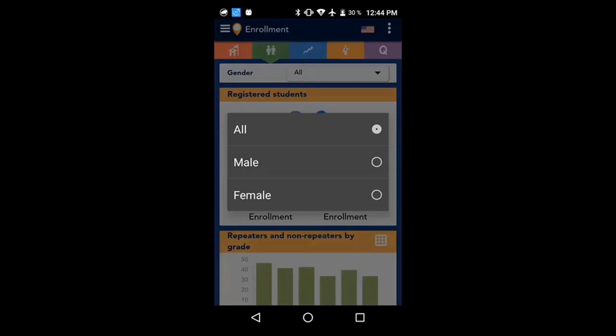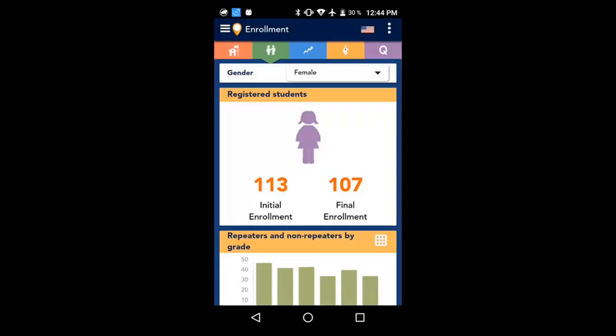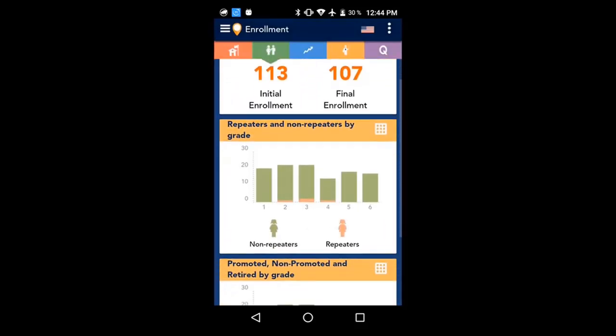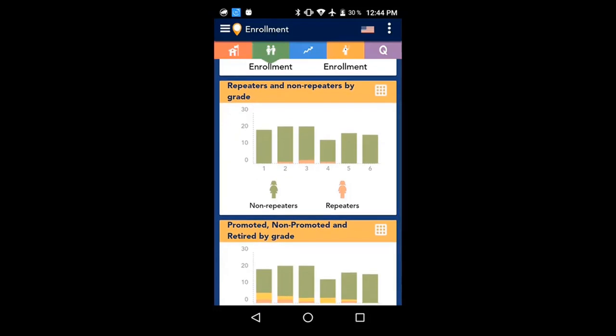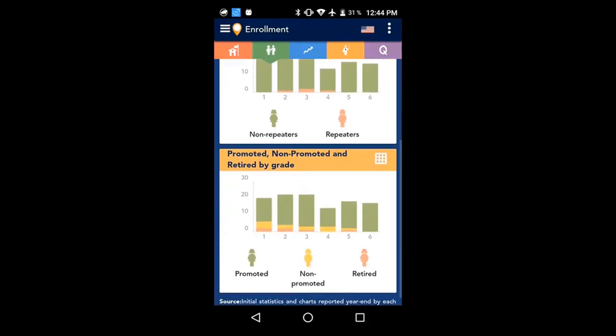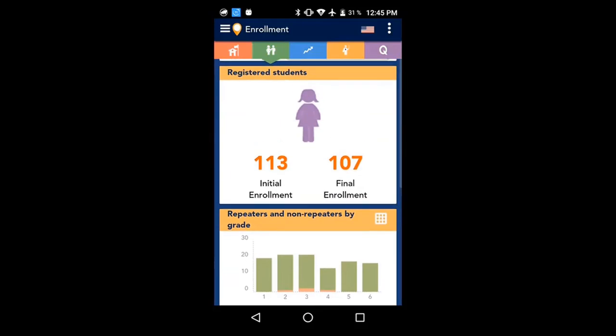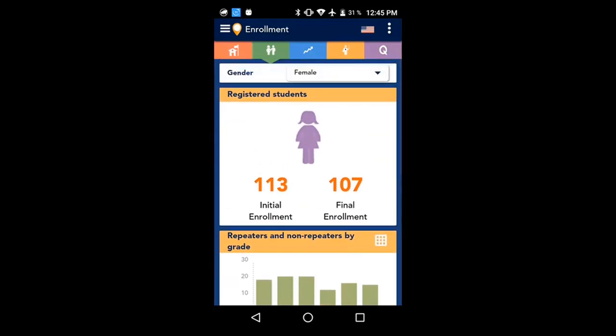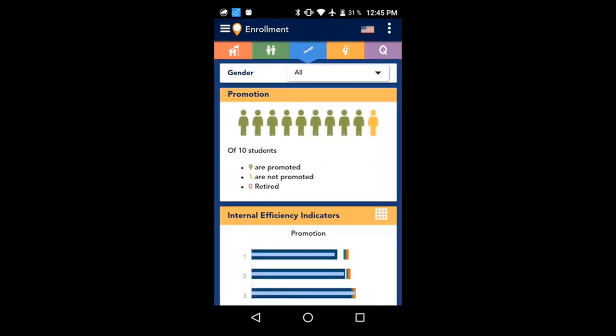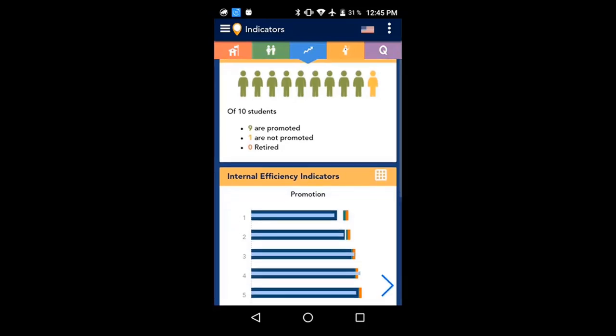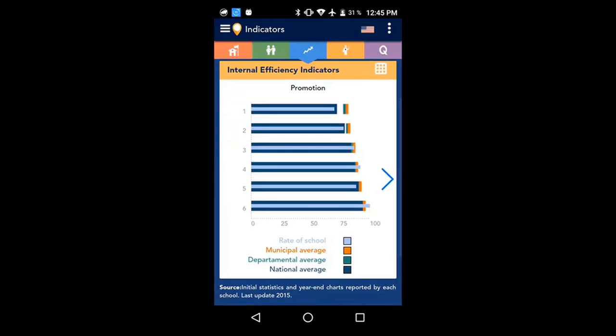You can focus on specific students like female students. You see how many were enrolled at the beginning of the school year, and by the end of the school year, how many were repeaters, non-repeaters, and how many got promoted, non-promoted, or retired before the end of the school year. You can also see internal efficiency indicators like promotion, non-promotion.